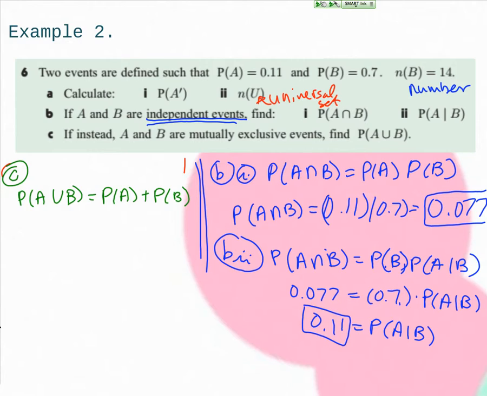The probability of that union is 0.11 plus 0.7, which is 0.81.